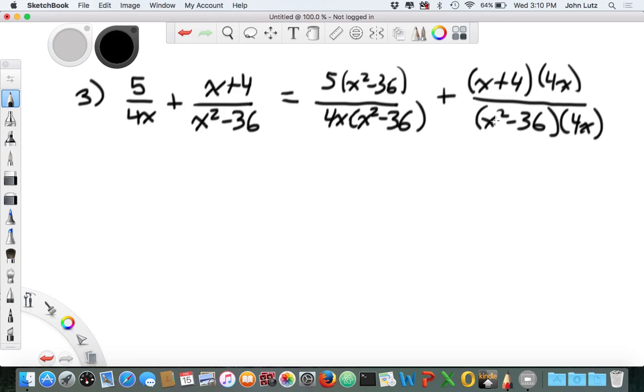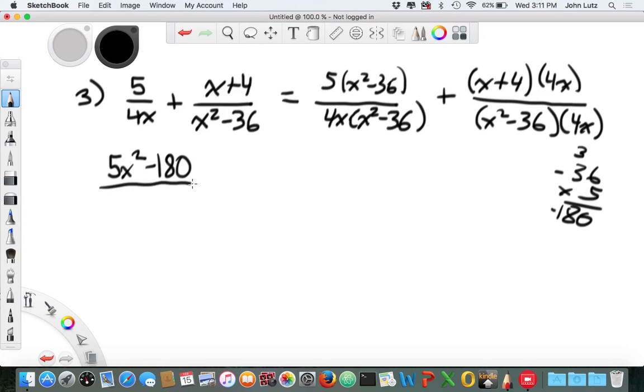Well, the 4x just distributes. Okay, it distributes here, this distributes there. So I'm going to end up with 5x squared. What is 5 times negative 36? Let's take a look at that. Negative 36 times 5. 5 times, that's going to be 30. Minus 15 minus 18, so negative 180, I guess. Okay. 5x squared minus 180 over, looks like 4x cubed.